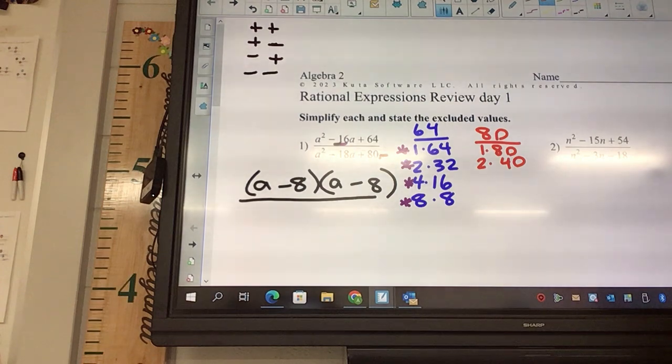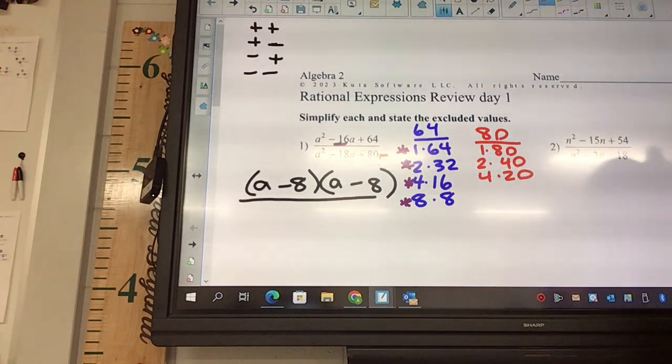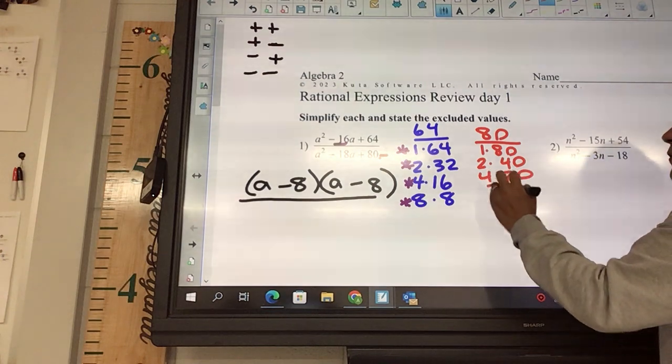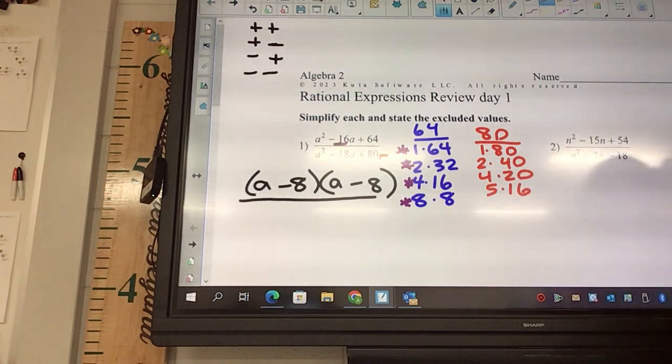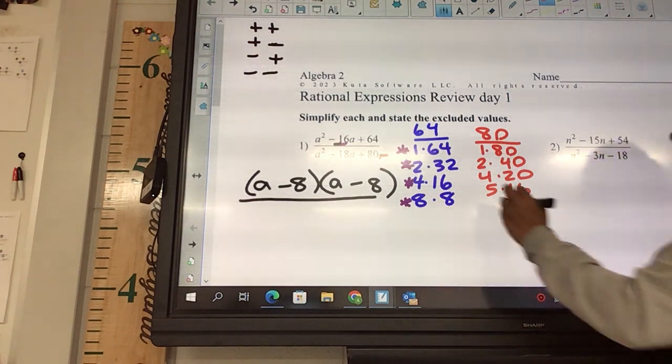No. 4. 4 and 20. 5. 5 and 16. 6. 7. 8 and 10.